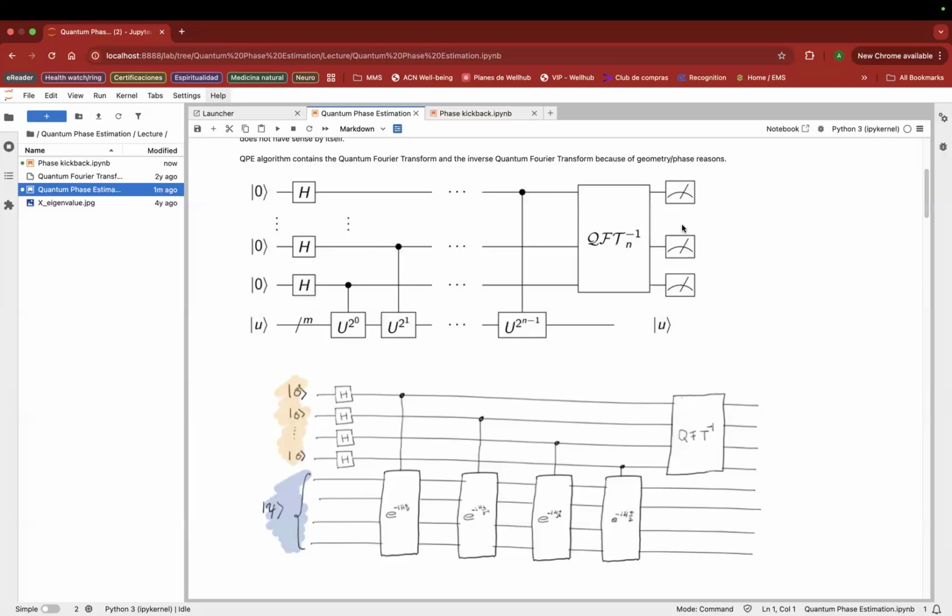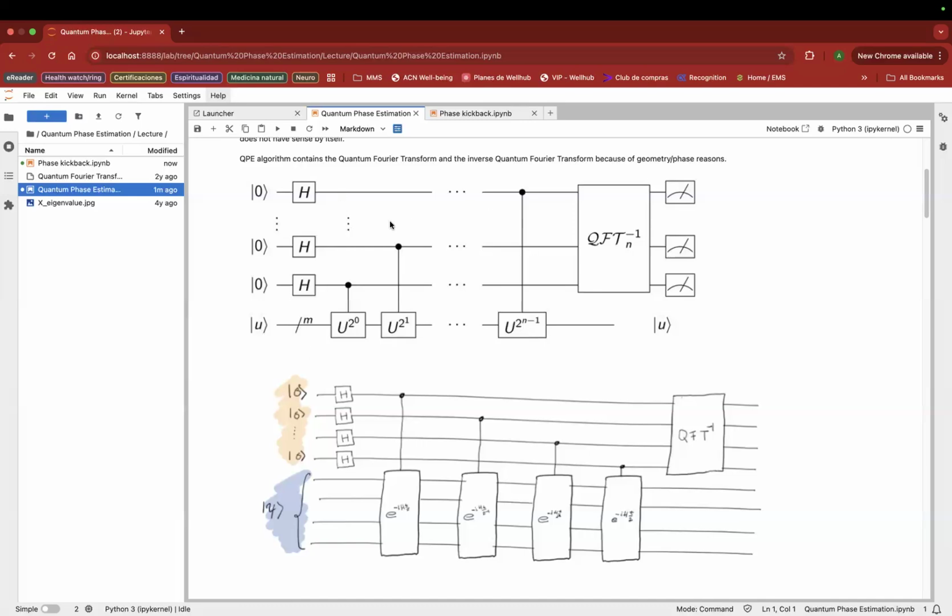Repeating, summarizing it all: the quantum phase estimation algorithm allows you to extract the phase of an eigenvalue of a certain eigenvector of a certain operator. The circuit works like this: control qubits, initializing the system; target qubit, prepared in the desired eigenstate.